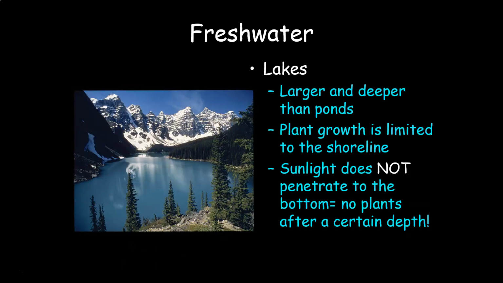Your lakes, on the other hand, larger, deeper, and so the sunlight will often not be able to penetrate all the way to the bottom. So your aquatic plants will cease to exist after a certain depth. And a lot of that plant growth tends to be limited to the shoreline and just a bit further out. So when we get to those really deep center parts of those lakes, you're not seeing plant life.